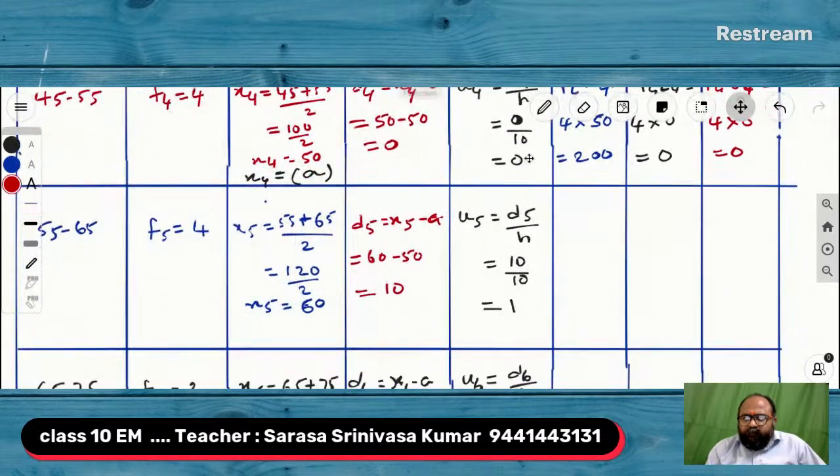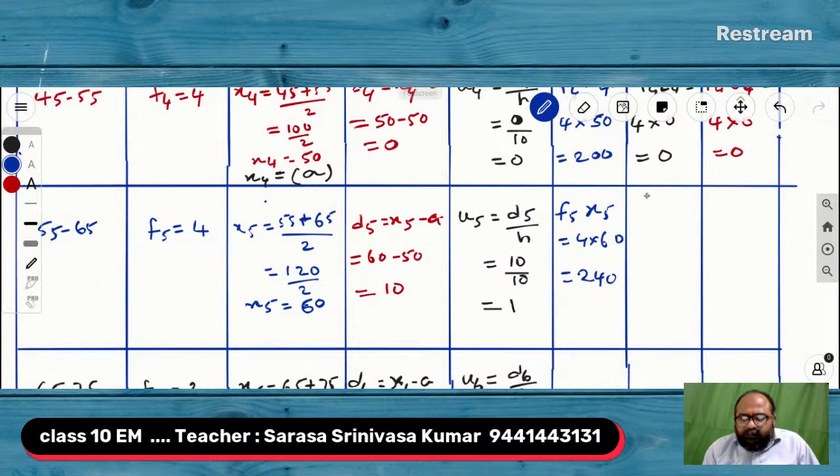Now we calculate F5 X5. This is equal to F5 is 4, X5 is 60. So 4 multiplied by 60 is equal to 240.